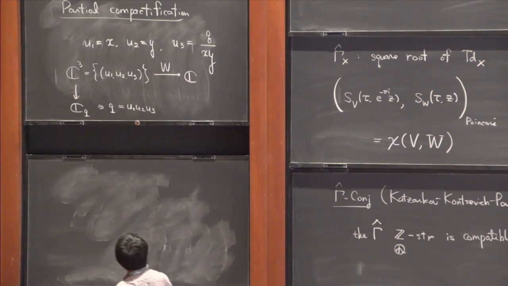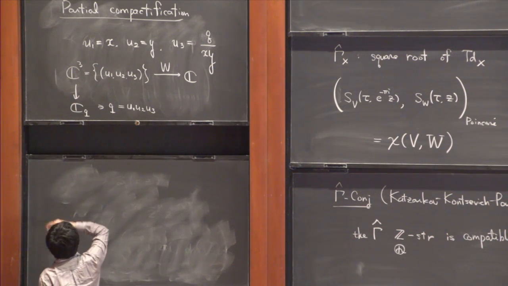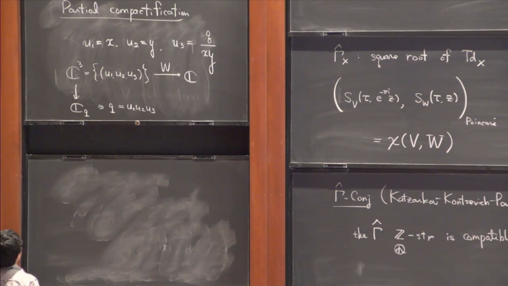Then I want to consider a partial compactification across q equals 0, and look at this family as a log smooth family.